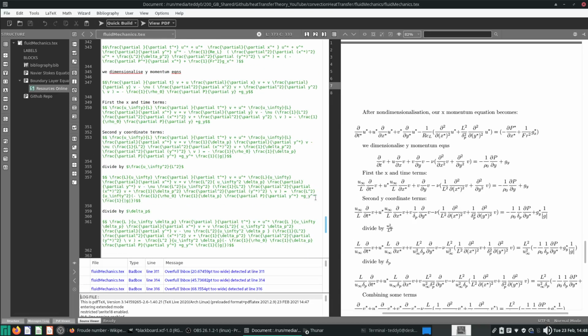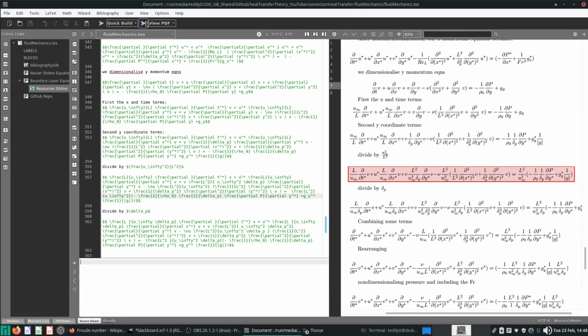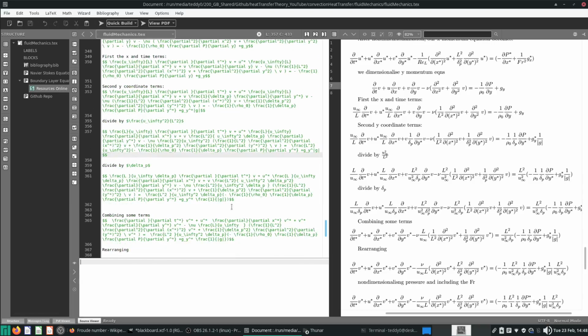Let's replace G star with G. Kudos to those of you who actually spotted my mistake before I did. So good job, they are paying attention.